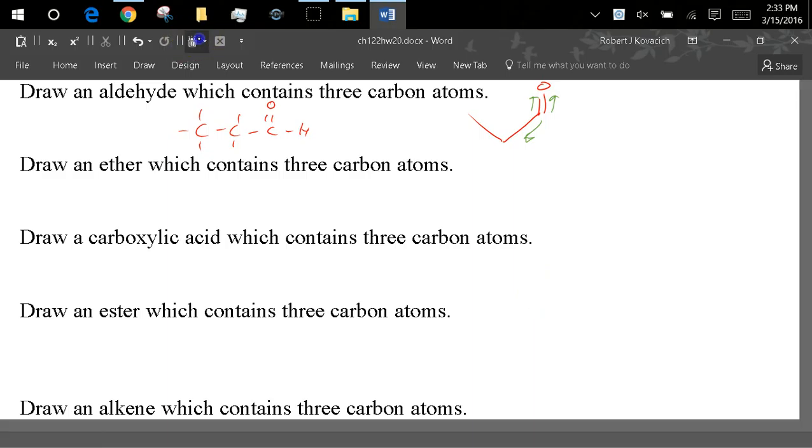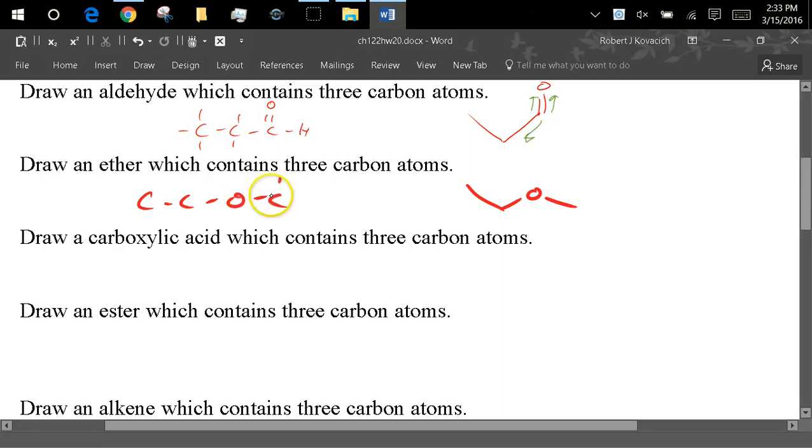All right, so an ether. We're good with both those? These short ones look a little odd, I think.